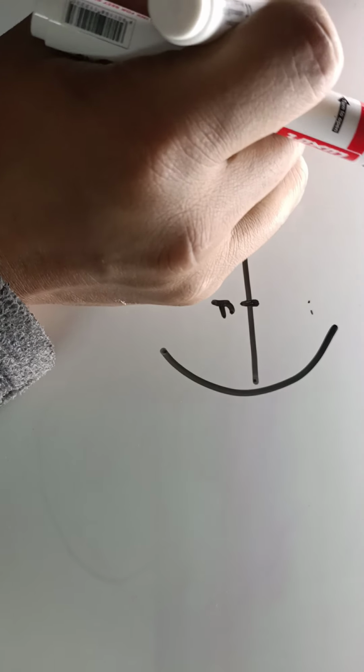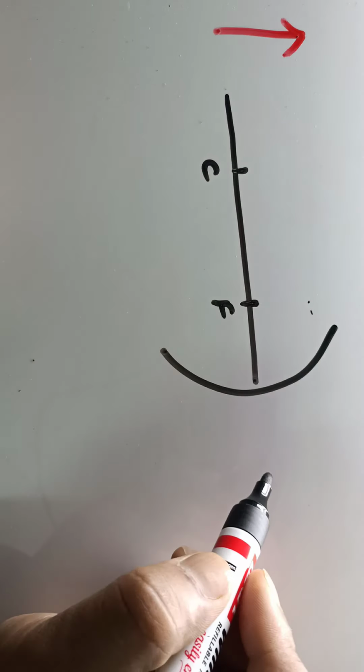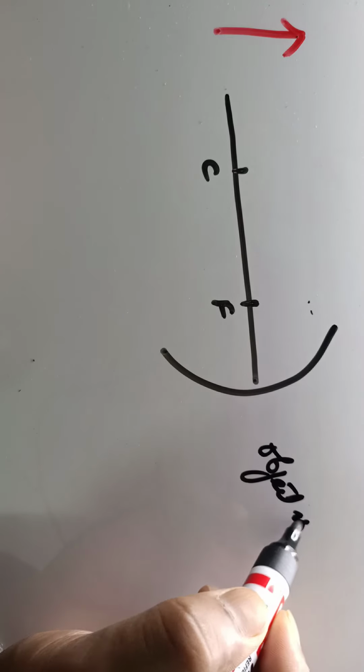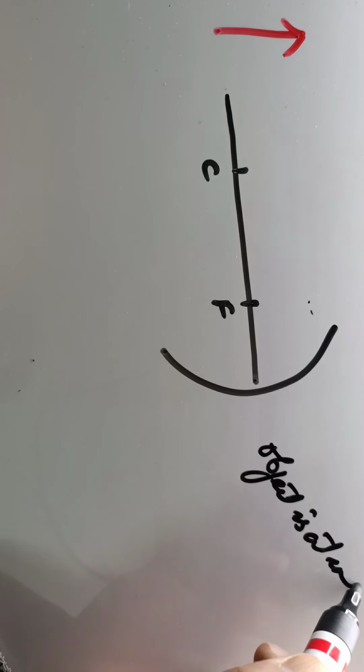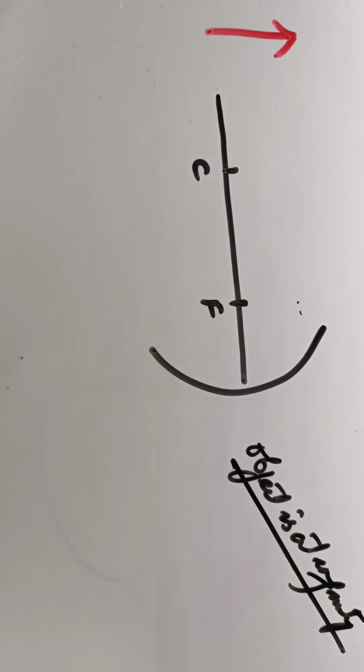I know the position of the object. It is very far away from us, that is at infinity. So where will the image be formed?